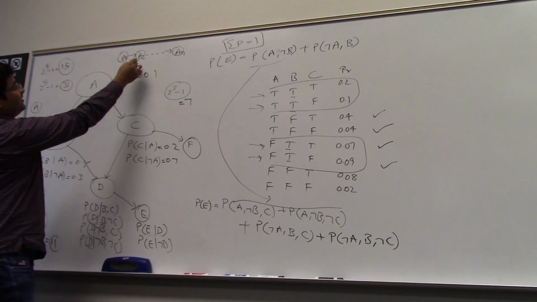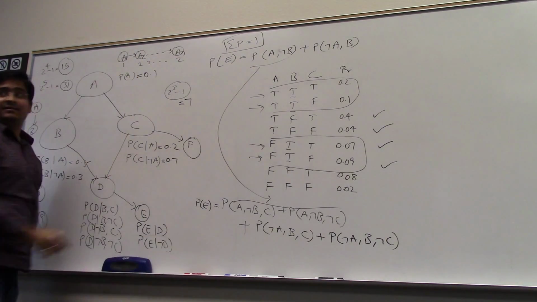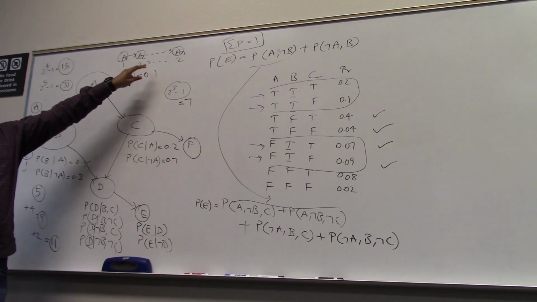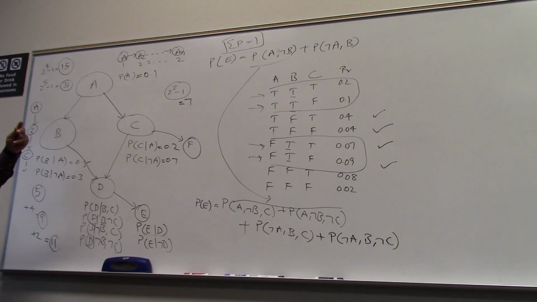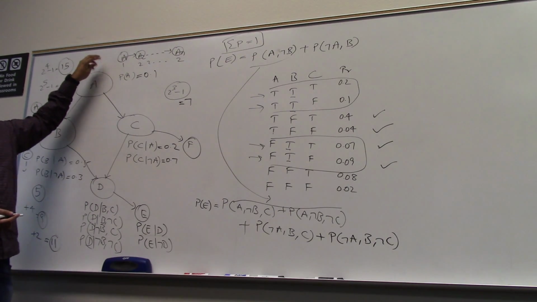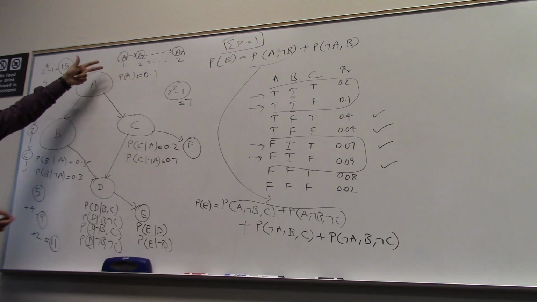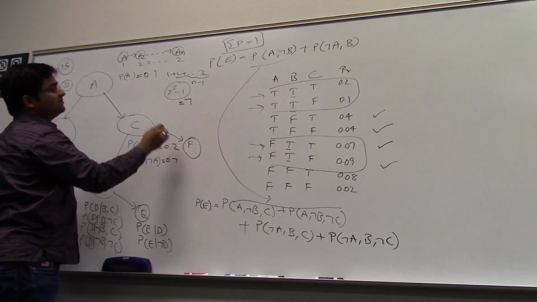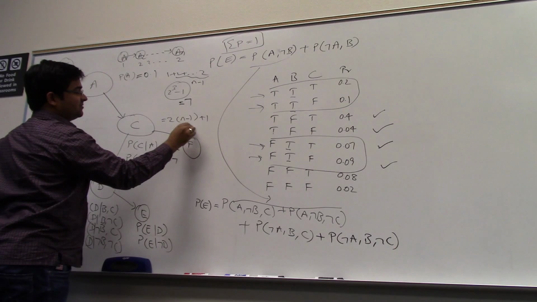We need 1, and then 2 for each of the remaining n minus 1 variables. So A2 given A1, A2 given not A1. Similarly for A3, A3 given A2, A3 given not A2. So 1 plus 2 into n minus 1, which is 2n minus 1. Linear in n, right?